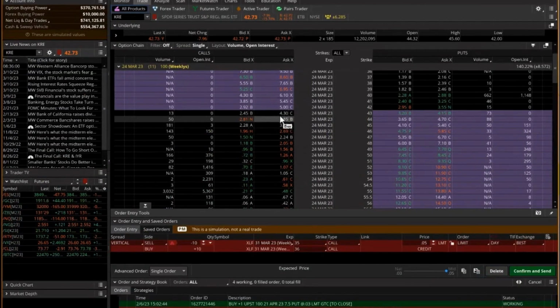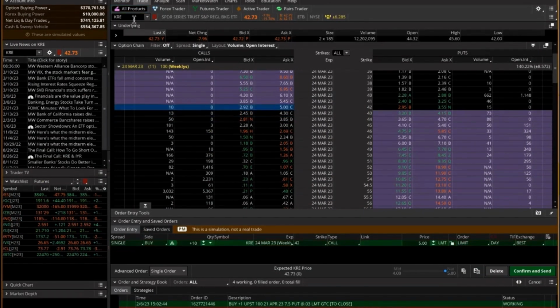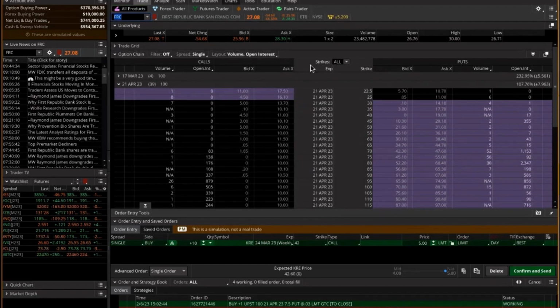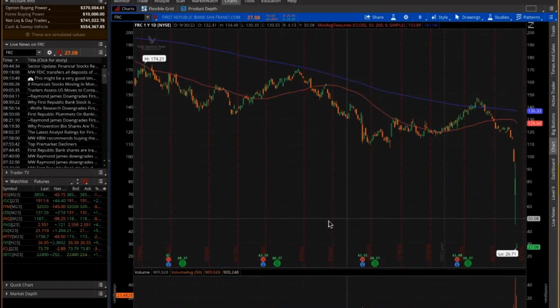FRC is the other that was in the news just today. First Republic. There it is. Oh, look, it bounced. No, it didn't. It's down here. Look at that. I bet you slippage is mega wide on this. People are concerned that First Republic Bank of San Francisco may go under.